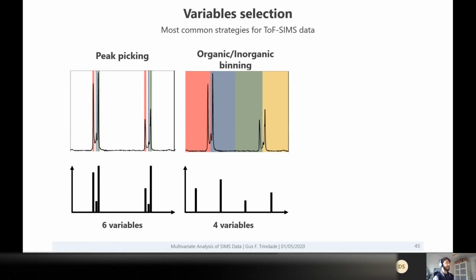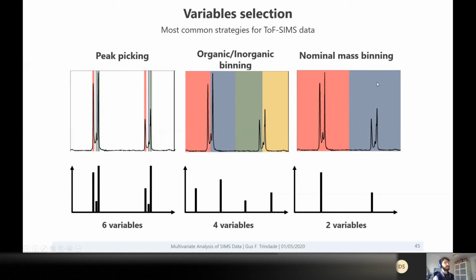So it's kind of compressing the data. So in this case here, from these thousands of channels, you end up with 4 variables, which may be all right because you only had 6 before, and maybe these ones are very tiny. So maybe you may get away with this. So it's quicker. It's not too different.